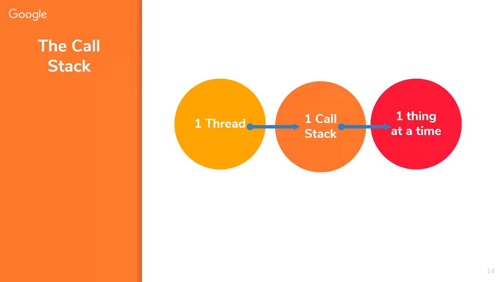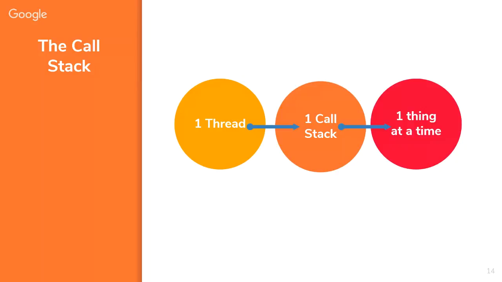And that's really typical of JavaScript. Other languages have multiple threads, like Ruby, where you can execute separate pieces of code simultaneously. Well, here in JavaScript, that's not an option.